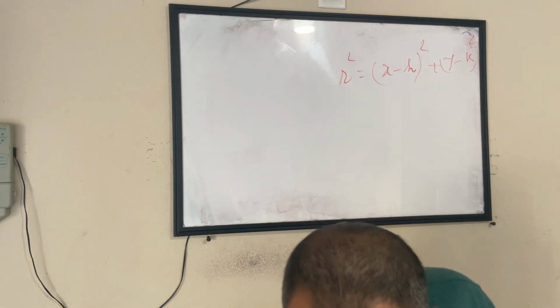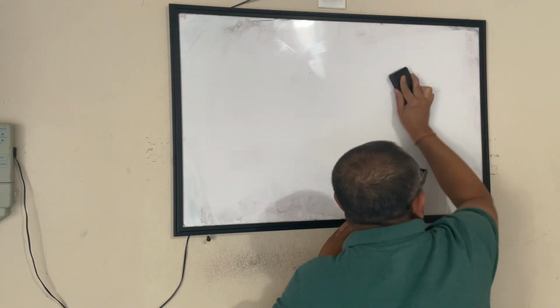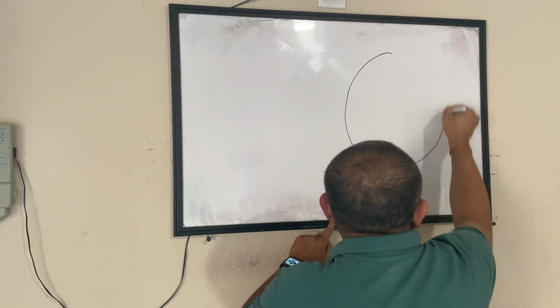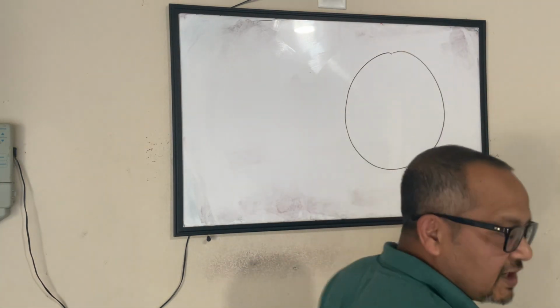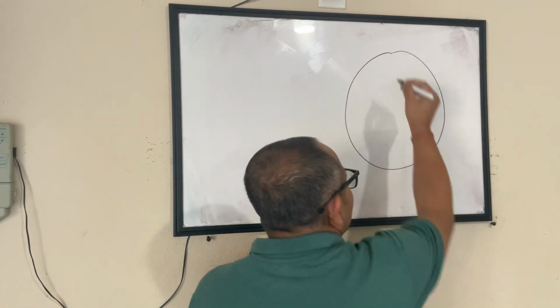Instead, let's understand how this equation came into existence in the first place. If we know the concept behind it, it becomes much easier to relate things. You have seen I've become an expert at drawing a circle. This looks pretty much like a circle.